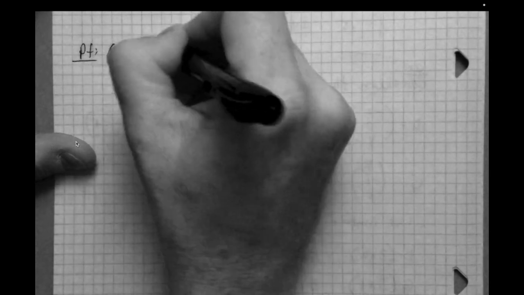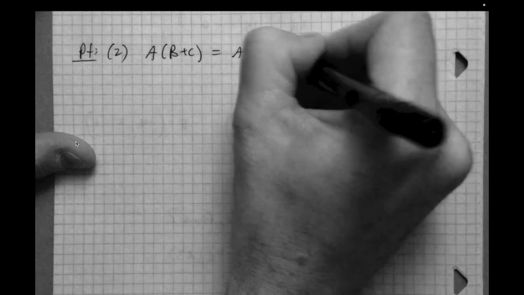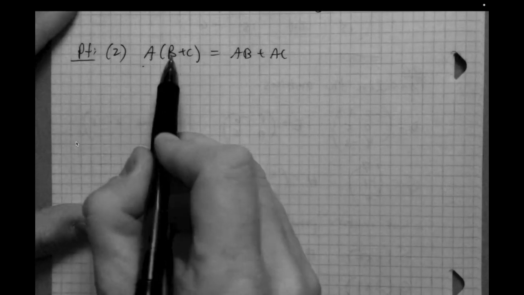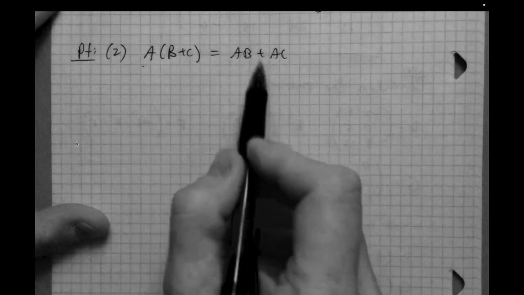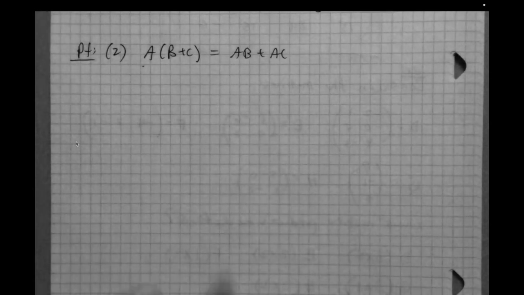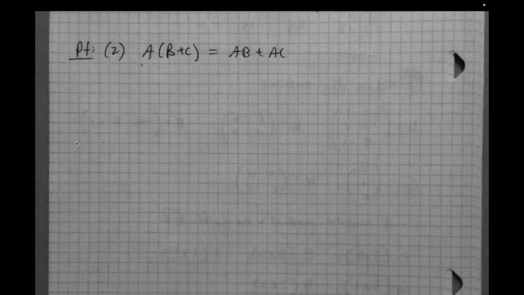So we want to show that A times (B plus C) equals AB plus AC. Now, there's really two things we need to show. We first need to establish that the two matrices have the same dimension, that this side has a certain dimension and that this side has the same dimension. And once we establish that, then what we need to show is that the ij entry of both matrices is the same.